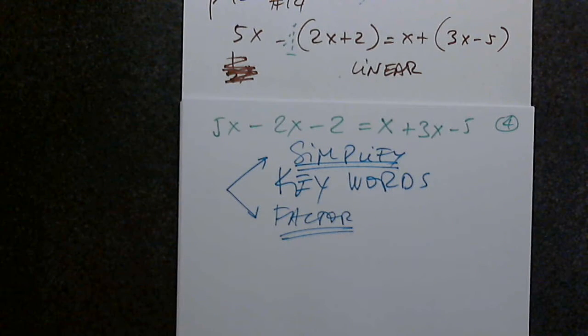I will ask you a lot about which keyword works here. Sometimes both. Most of the time, the simplify keyword will work in all situations, unless there is nothing to simplify. At this time, we have to simplify both sides fully. Okay, the left-hand side is obviously 3x minus 2, and the right-hand side is obviously 4x minus 5.